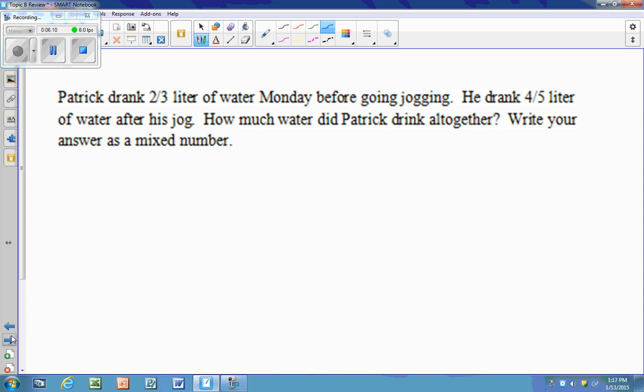Next, it says Patrick drank 2/3 of a liter of water Monday before going jogging. He drank 4/5 of a liter after his jog. How much water did Patrick drink altogether? Write your answer as a mixed number. So we have 2/3 plus 4/5.